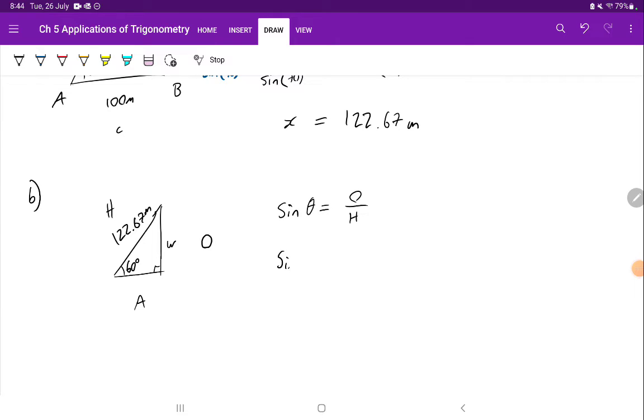So we get sine of 60 equals the opposite W over the hypotenuse 122.67.